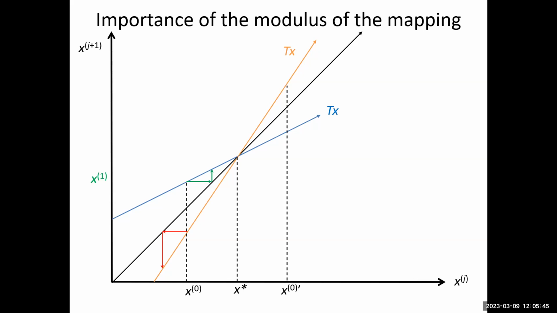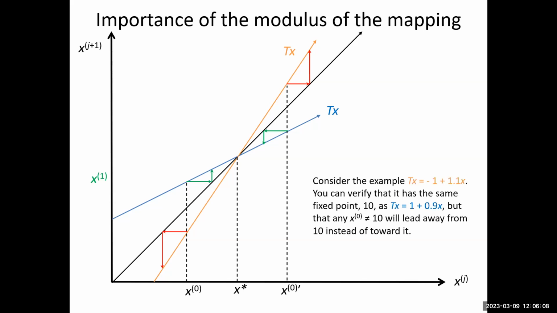If we pick an x0 that is greater than the fixed point, the blue operator again leads us toward the fixed point, and the orange operator leads us away from it. Thus, the blue operator is a contraction mapping and the orange operator is not.